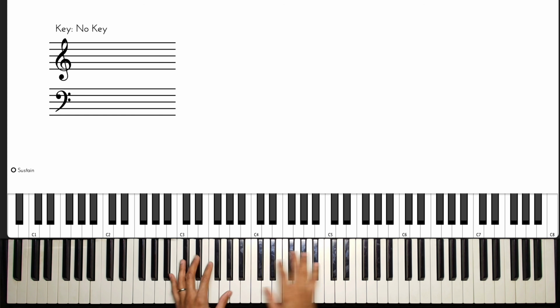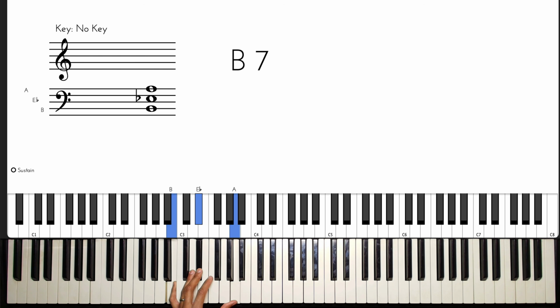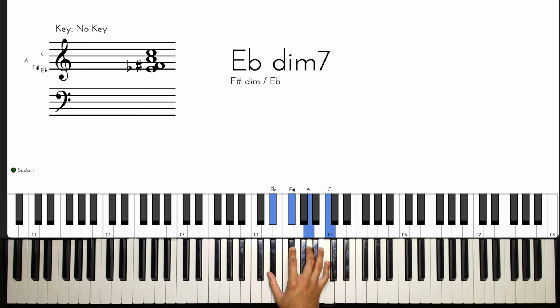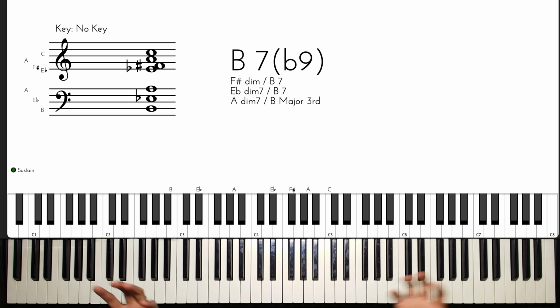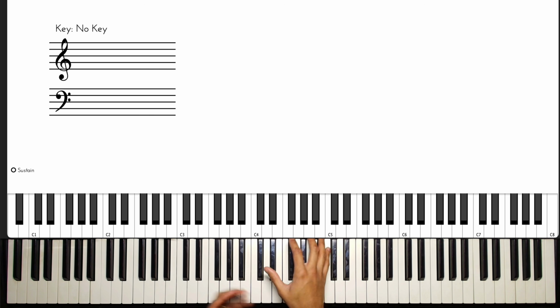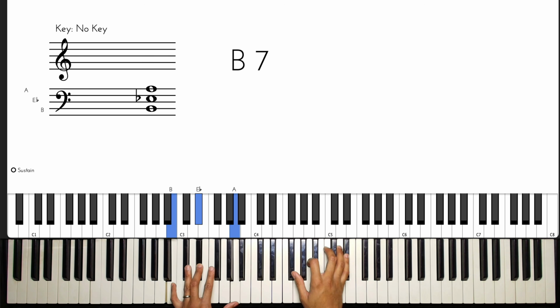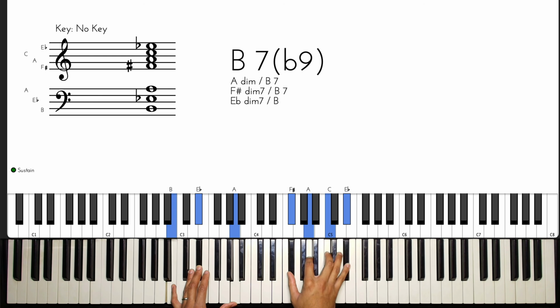So what does this mean? Let's say we're playing a B7. We can add on the right hand, starting from the 3, which is E flat, an E flat diminished seventh chord. That gives us this type of voicing. We can also just invert this diminished seventh, which simply means that now we're starting it from the 5 of B, which is F sharp.